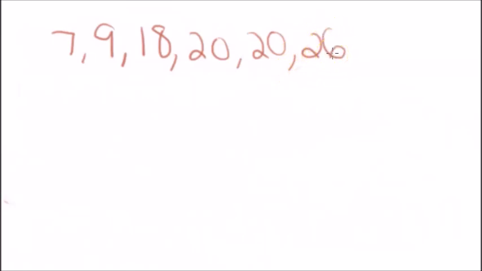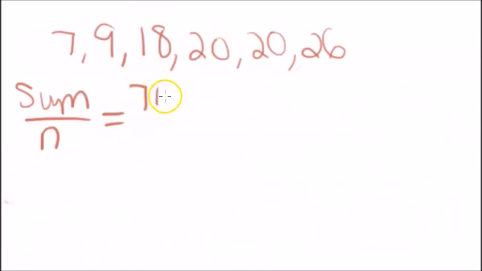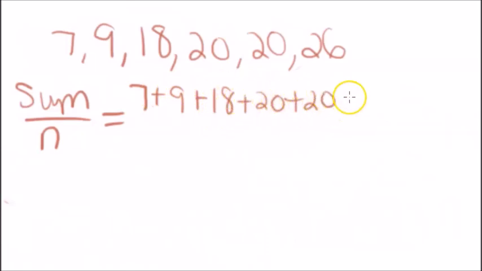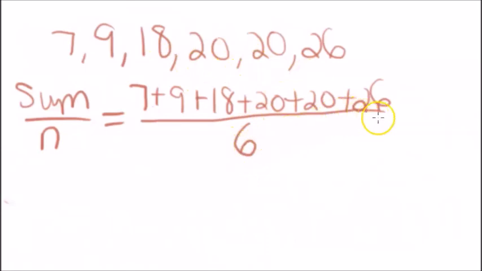Okay, so starting again with the mean, sum of all the numbers over the amount of numbers in the data set. So we have 7 plus 9 plus 18 plus 20 plus 20 plus 26 all over 1, 2, 3, 4, 5, 6 numbers in the data set.